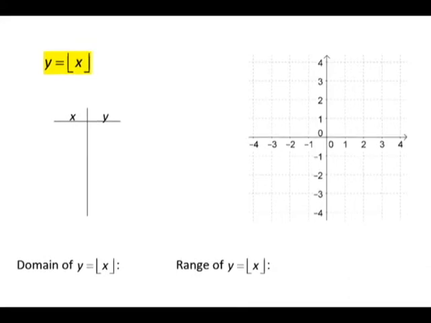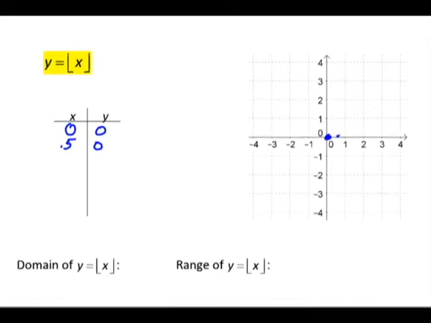Let's take a moment and see what this graph is going to look like. We're going to come up with a table of values and see where it takes us. We know that floor of 0 is 0. So there's 0, 0. We know that floor of 0.5 is also 0. The greatest integer less than or equal to 0.5 is 0.